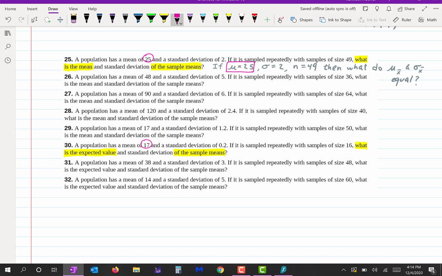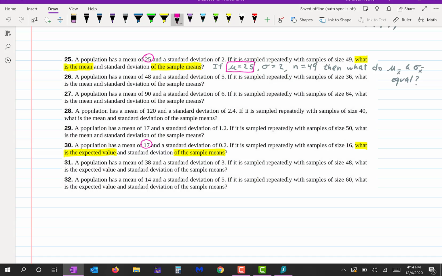It depends on how much you want to get out of this class. If you just wanted to figure out how to do the problem so that you pass, then you just need to remember that mu x bar, you write down the same thing as mu. Same number.